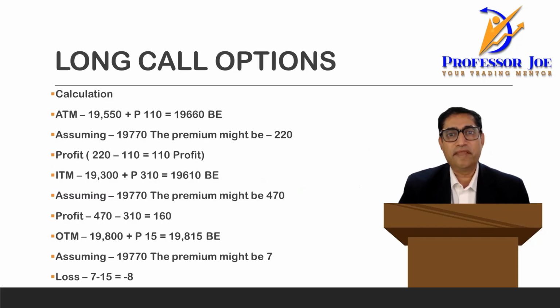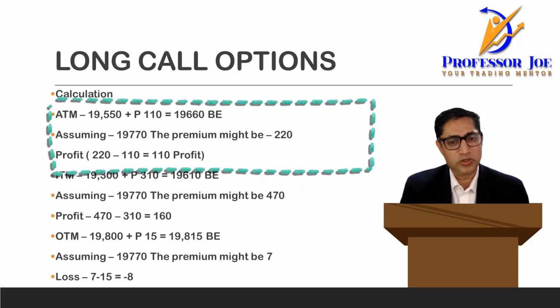Example, we have entered at 19,550 and the price has moved to 19,770. So we'll take three examples. Example number one, you entered at 19,550 where the premium was 110 rupees. It was 109.86, so we will take a round figure.